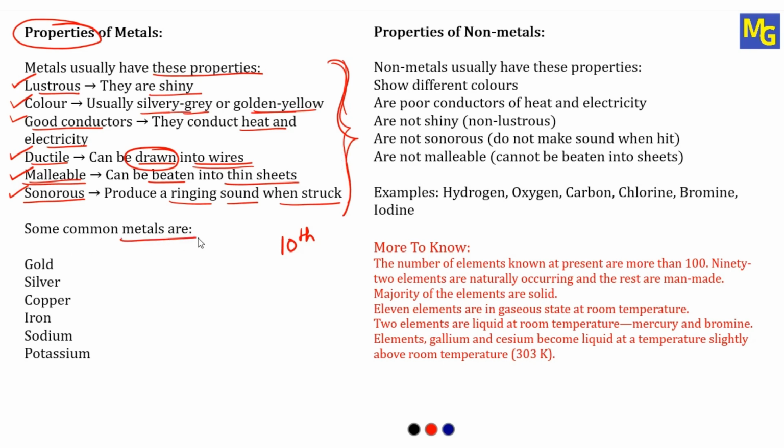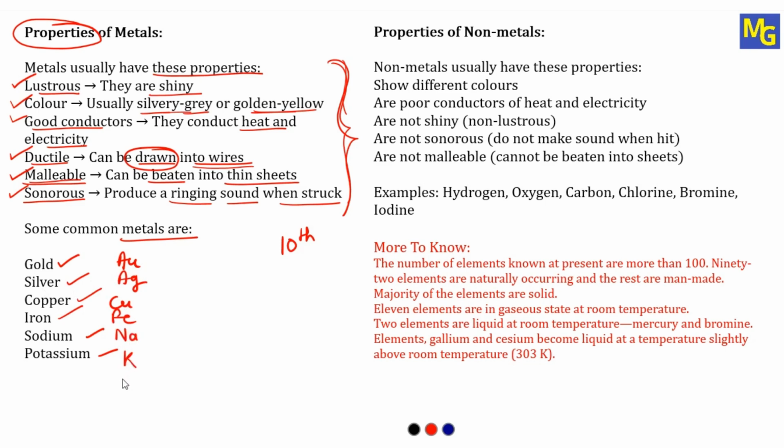Some common metals are gold, silver, copper, iron, sodium and potassium. These are some of the examples in your NCERT book. The symbols are: gold is Au, silver is Ag, copper is Cu, iron is Fe, sodium is Na and potassium is K.